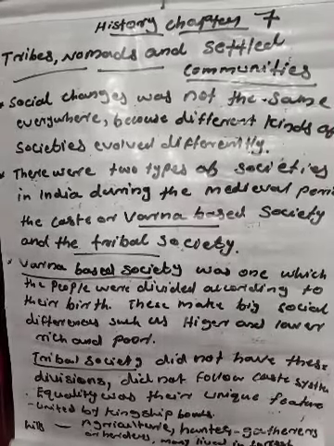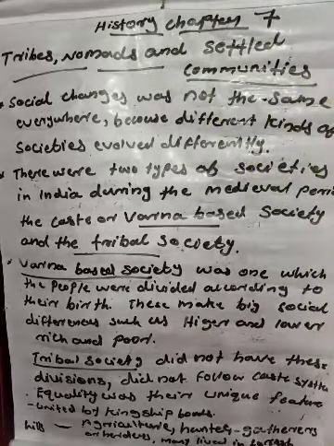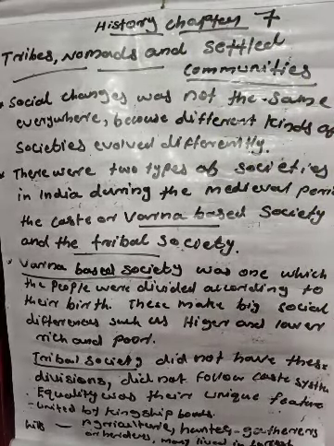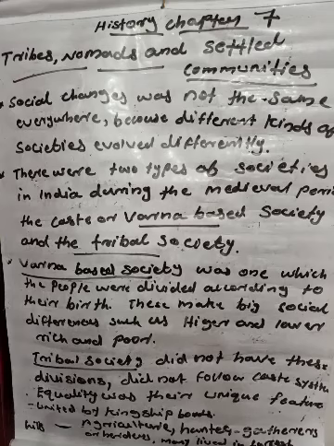Okay children, tribes, nomads and settled communities, 7th chapter, history. You saw in chapters 2, 3 and 4 how kingdoms rose and fell. Even as this was happening, new arts, crafts and production activities flourished in the towns and villages.